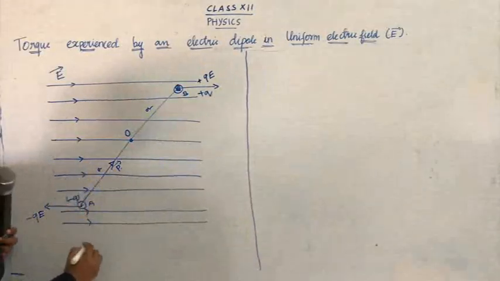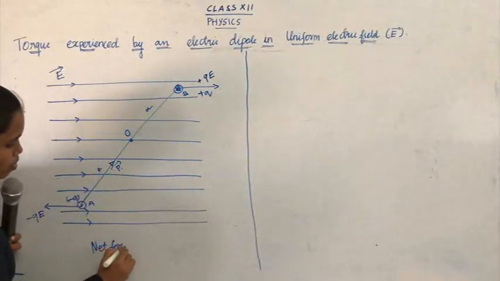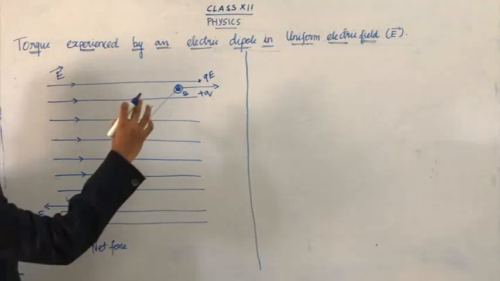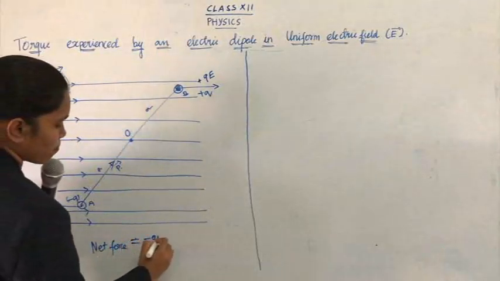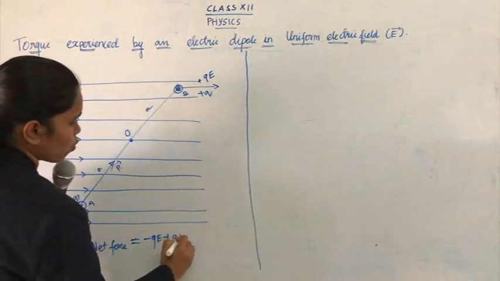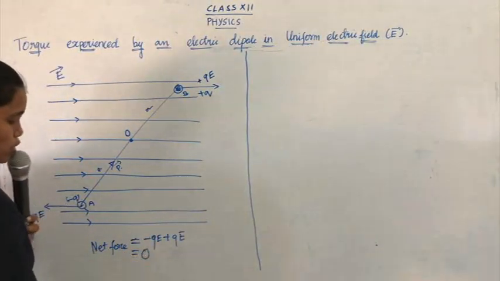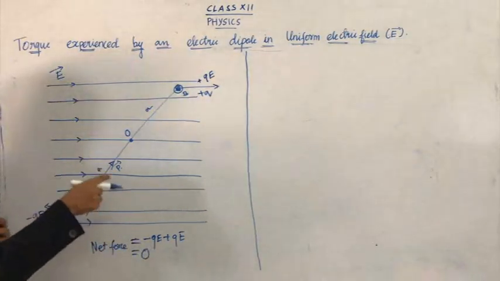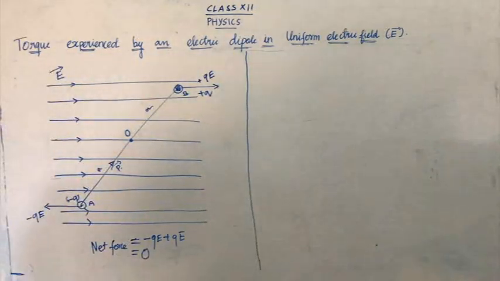So what is the net force? Net means total force: force at A plus force at B. Minus QE plus QE goes to 0. So the net electric force acting on this dipole in a uniform electric field is 0.